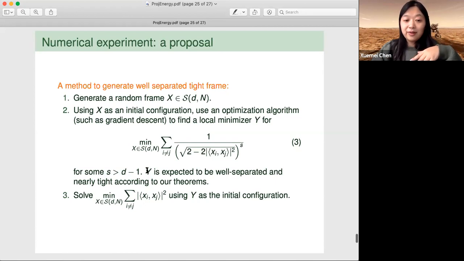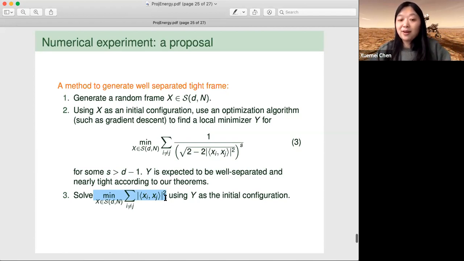But you feed this Y as the initial configuration into the frame potential. Now the output of this minimization problem is, first of all, going to be exactly tight, but it will still keep the well separation property.